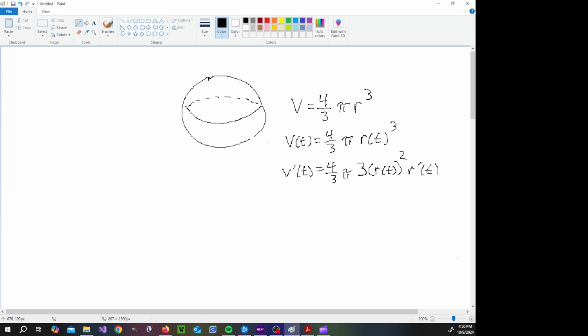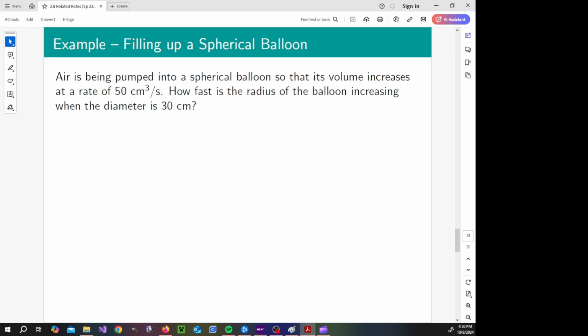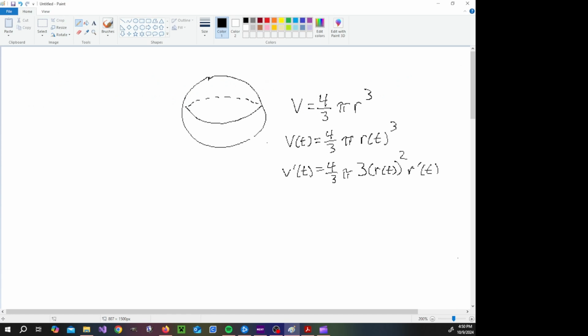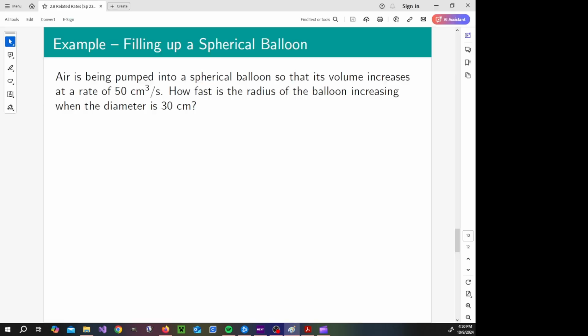However, the question tells us, right, air is being pumped into a spherical balloon so that its volume increases at a rate of 50 cubic centimeters per second. So it tells us the derivative is 50 the whole way through. Okay, so what is it asking for?